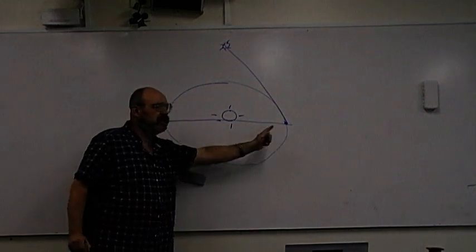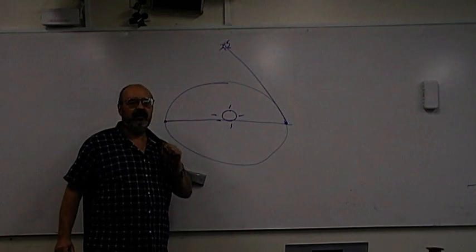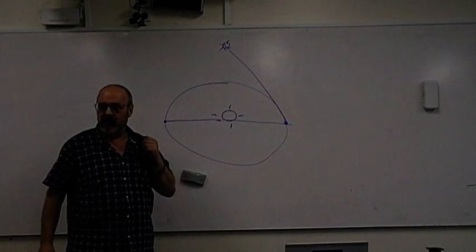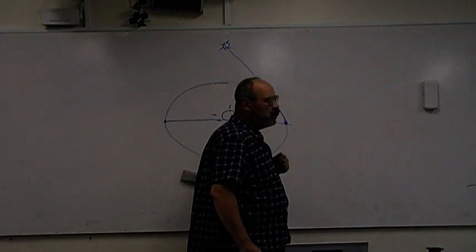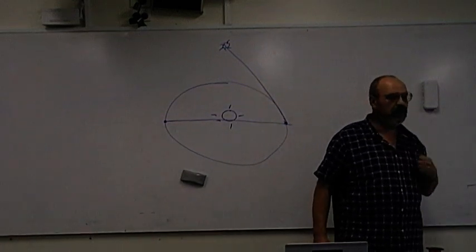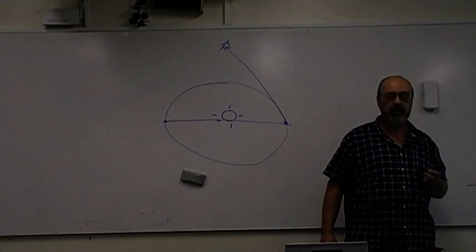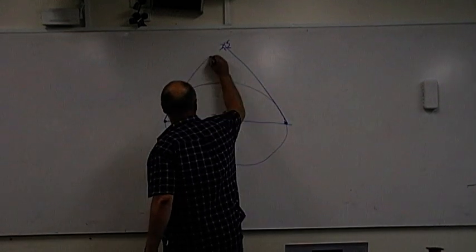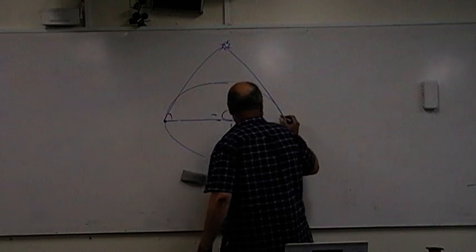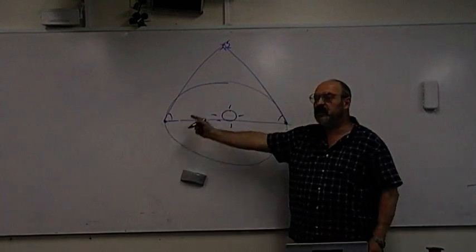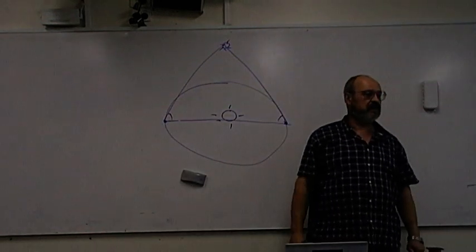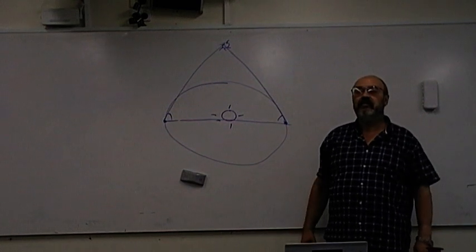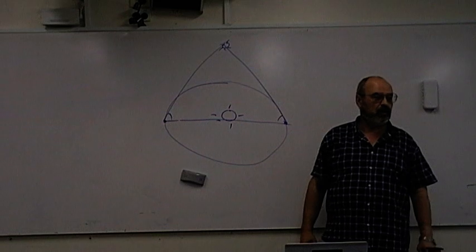What will be the distance? 2 AU, 2 astronomical units. The radius of the Earth orbit is 1 astronomical unit. So diameter will be 2 AU. And we measure angle from here. And knowing this distance, we can calculate distance to the star using just basic trigonometry.